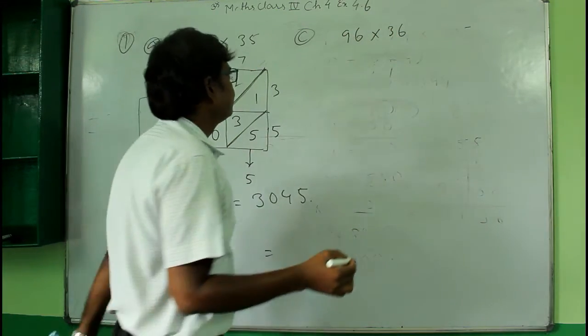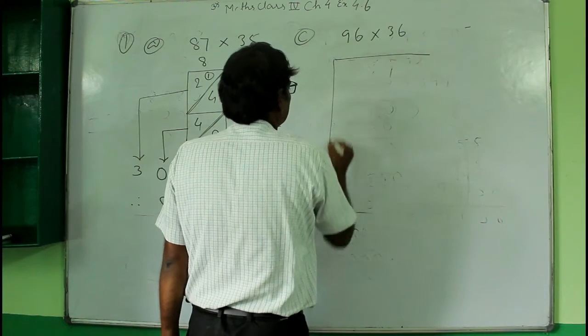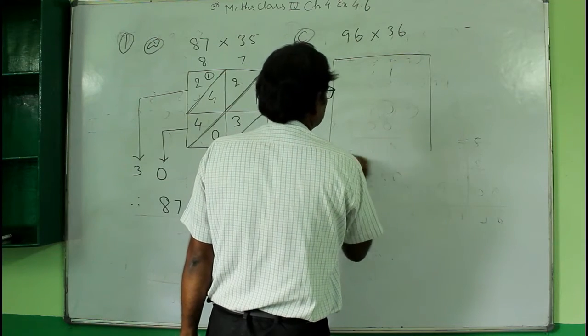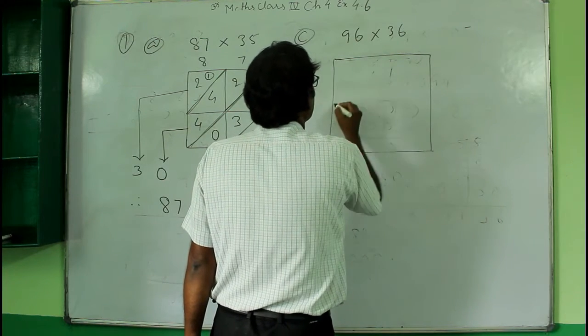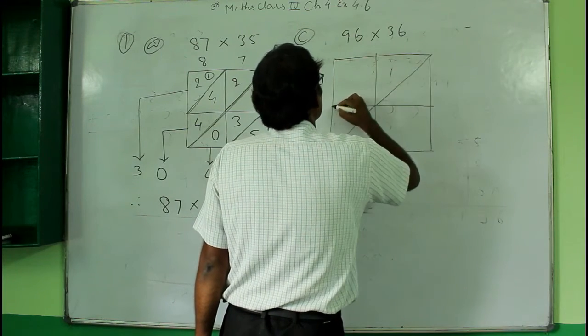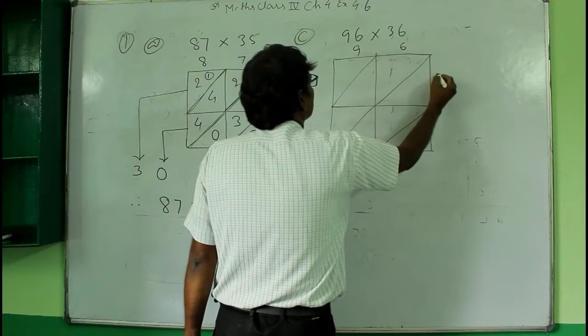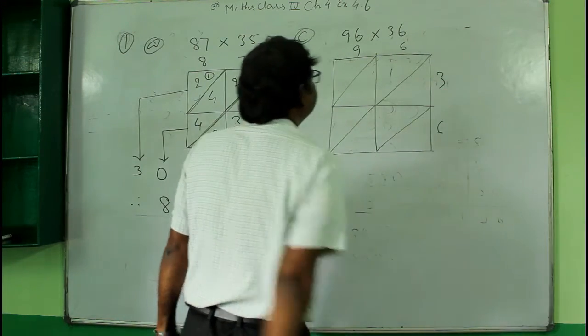This is the question. Then again make this table, 2 rows and 2 columns, and write here 9 and 6, and here 3 and 6.